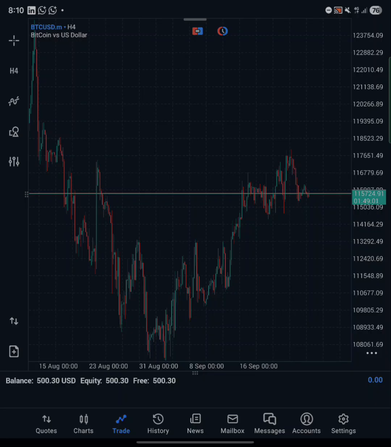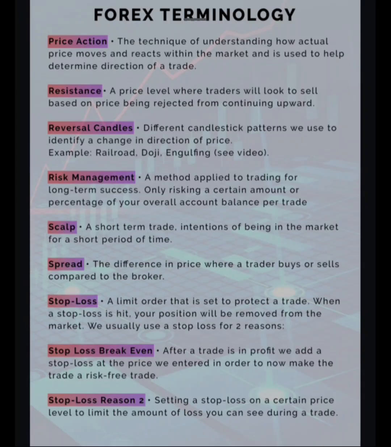A lot. Let me just show you a picture of one of these things, so that if you are interested, you can actually pause the video and go through all those things. So from here now, you see the forex terminologies. You get to see price action. They explain what price action is. The resistance, they explain what it is.